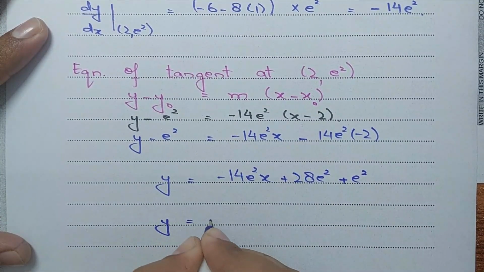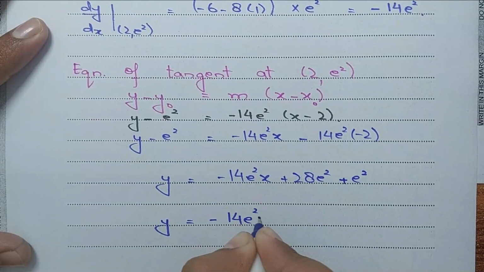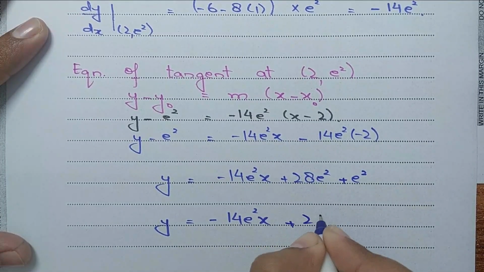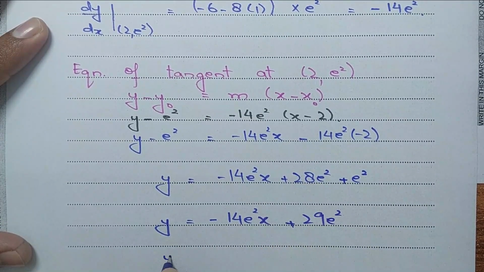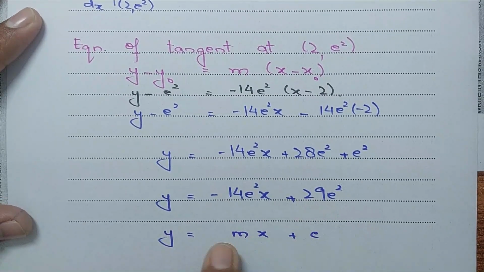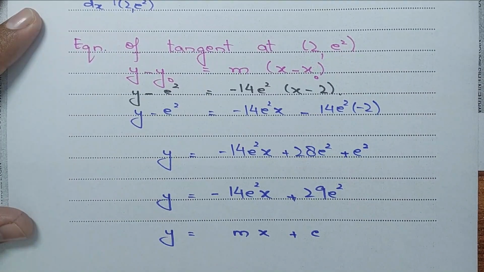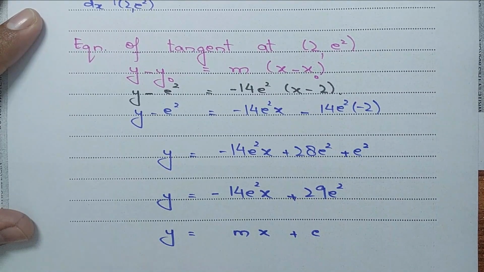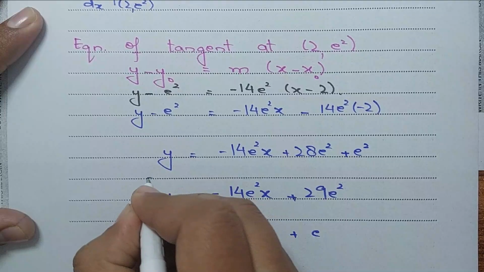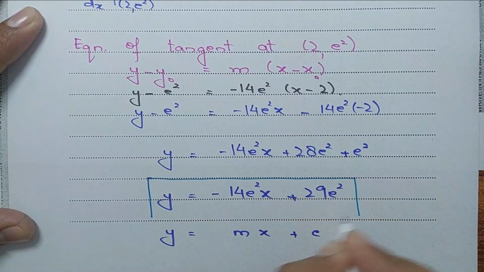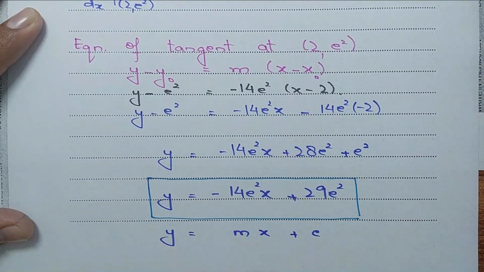So y is equal to minus 14 e square x plus 29 e square. This is in the form of y equals mx plus c. This is the value for c and this is the value for m. Now we have proved it. This is in y equals mx plus c form.